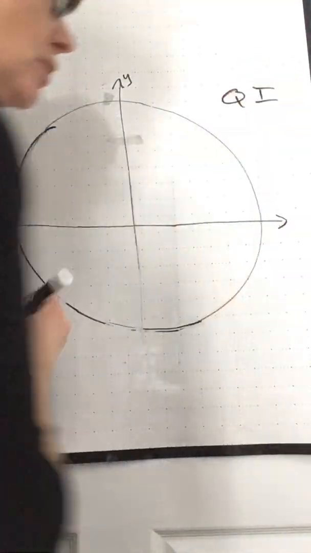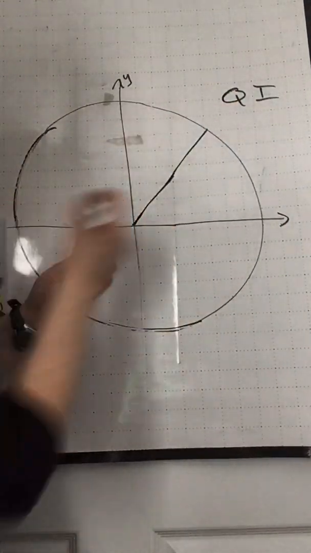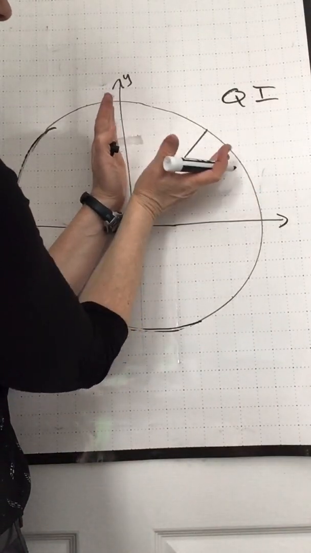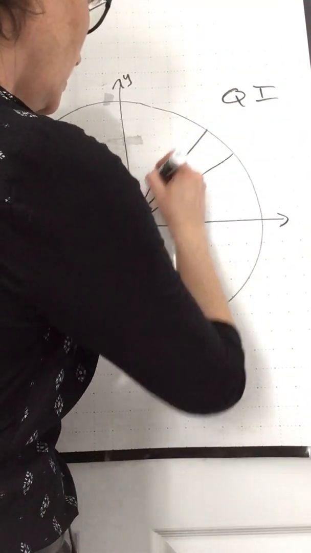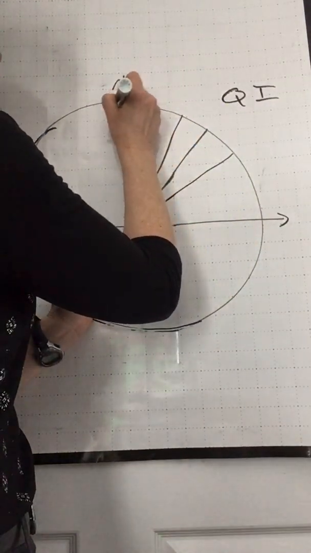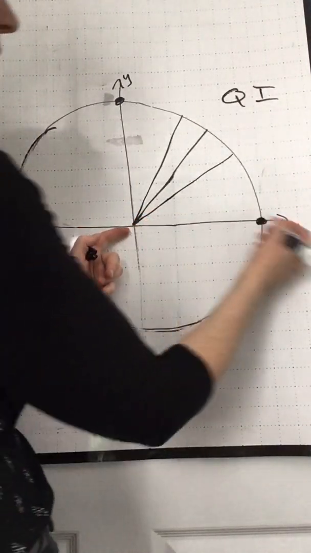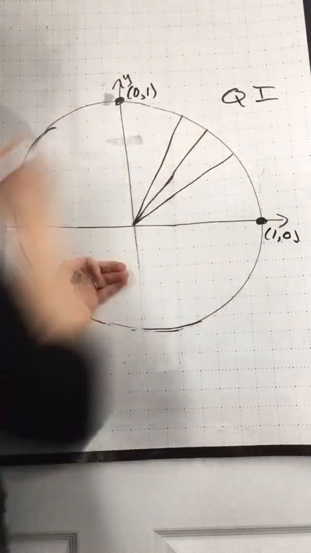So only thinking about quadrant 1, we know that there's going to be in the middle here for 45 degrees to divide that. And we also know there are 30 degrees, 30, 60, 90, so divided in 3 equal parts here. We know what the ordered pairs are for each of these because it's a unit circle, so 1 over 0 up, 0 over 1 up.